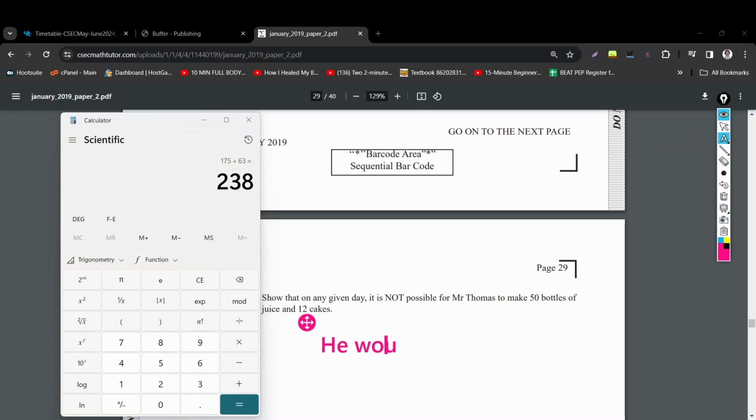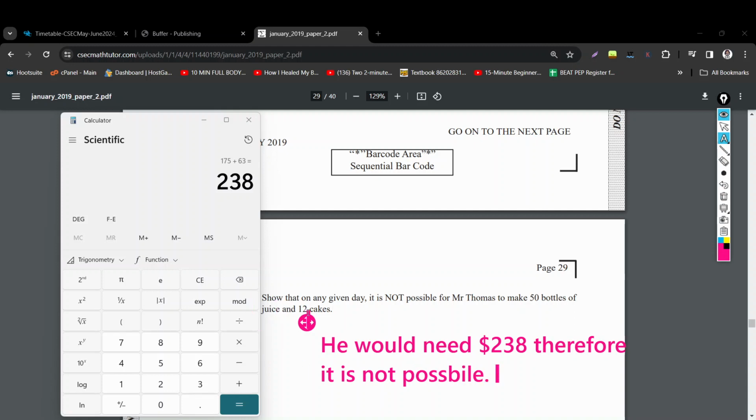So I would say he would need $238. Therefore, it is not possible. That looks neater and that looks much more presentable.